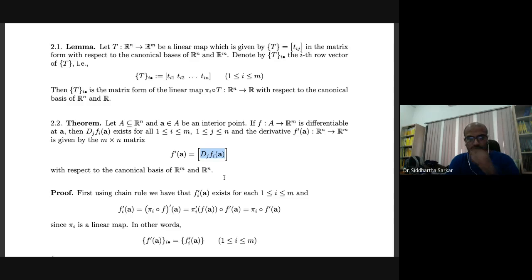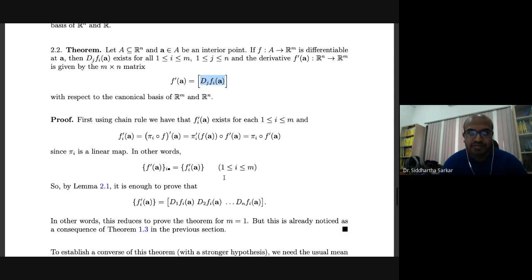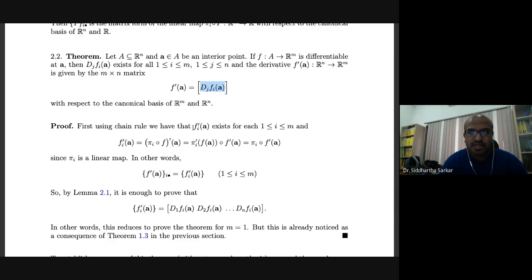Okay, let's try to go through how to prove this, which is not so difficult. So first of all, remember my fi is nothing but pi i composed with f. So let's try to apply the derivative of pi i composed with f at that particular point A. You have seen the chain rule in the last lecture.